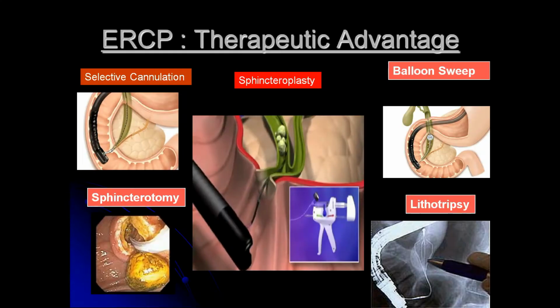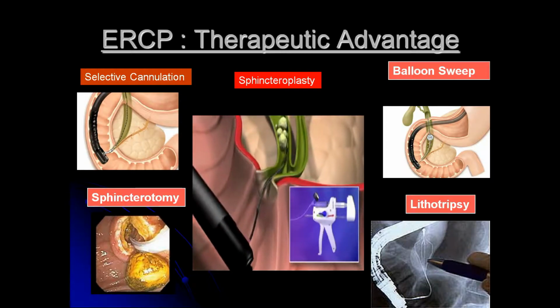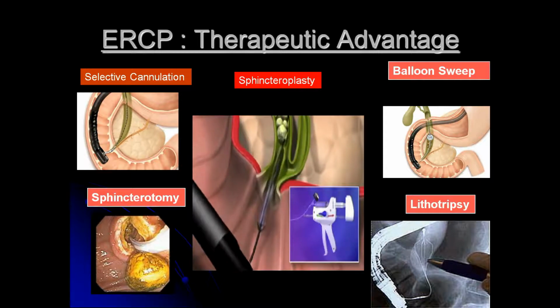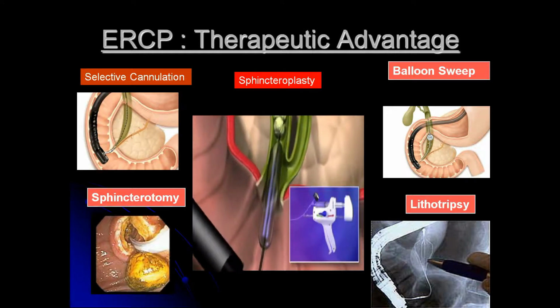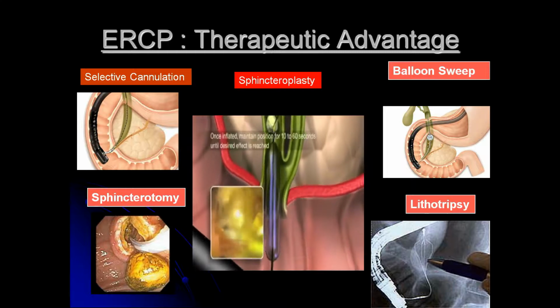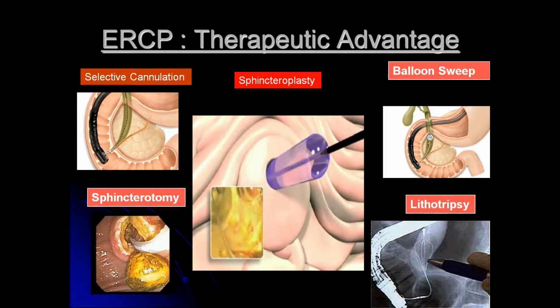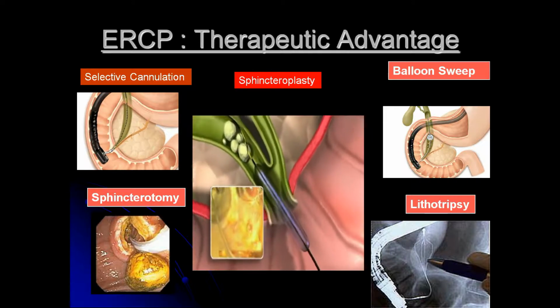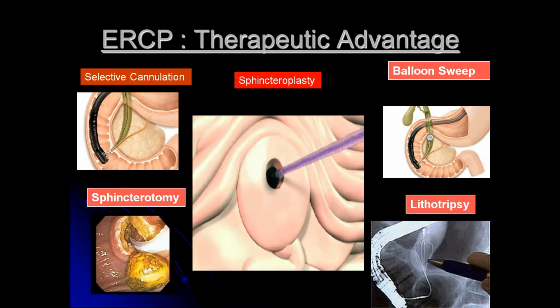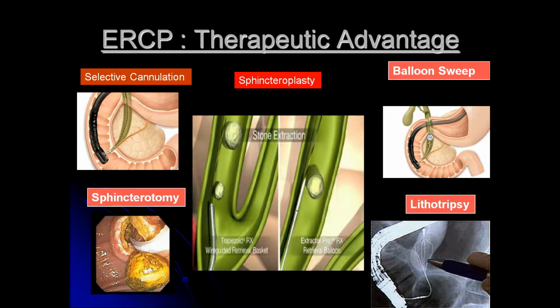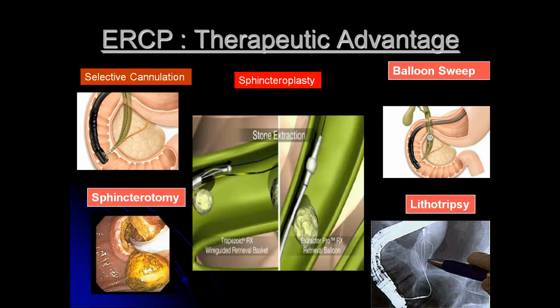Next slide. The various therapeutic procedures are explained in this picture. As you can see, the center of the video demonstrates what we call a sphincteroplasty. That is, a CRE balloon is passed through the ampulla, and when the balloon is inflated by an inflation device, it can be inflated right up to 15 mm even in a patient with a dilated bile duct with a stone.